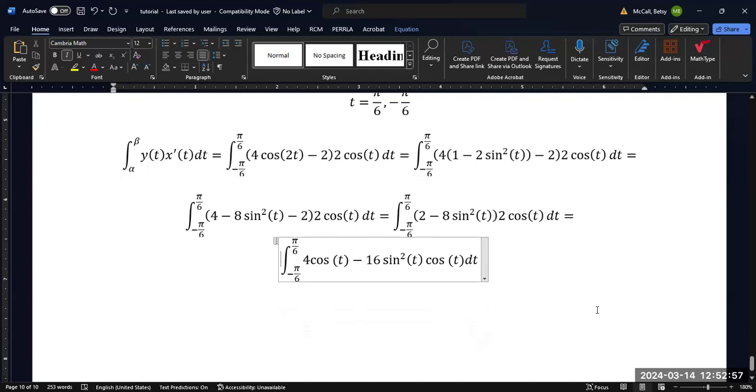Now, the reason that I chose the sine squared identity was because I knew I had this cosine here. And that meant that I can do a substitution on this term and integrate with sine as u and cosine as du. If I had chosen the cosine identity, I would end up with cosine cubed, which I would need to then apply a substitution for in order to turn 2 of those cosines into sines anyway.